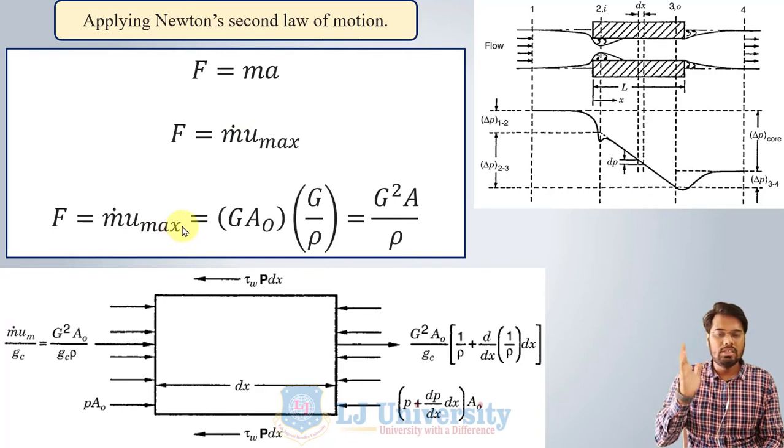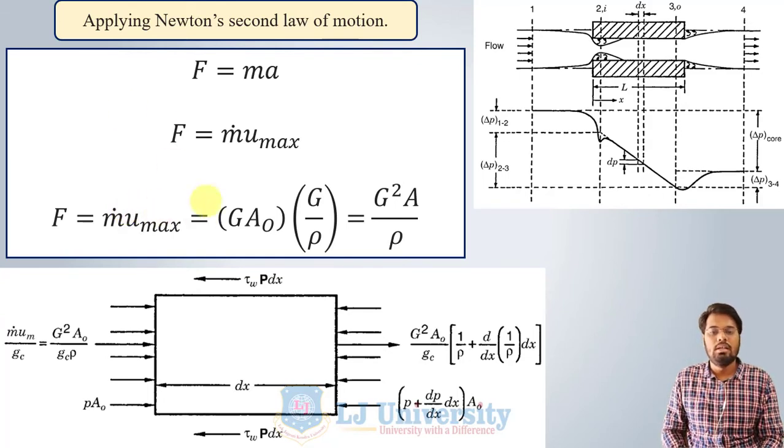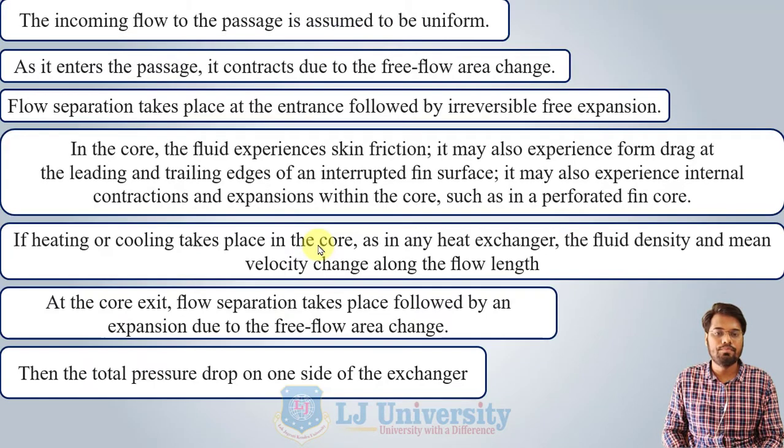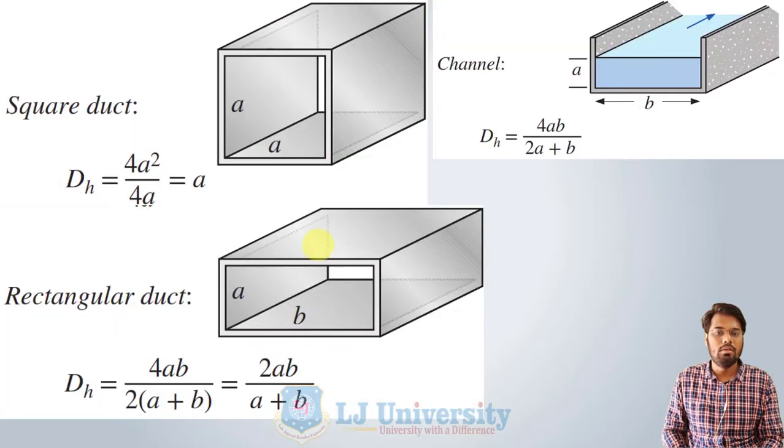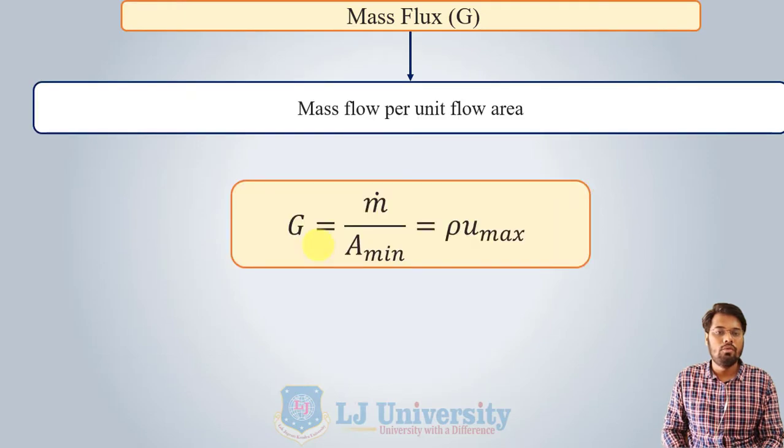From our previous lecture, we have seen in mass flux that instead of m dot we can write G into area, and instead of velocity we can write G by rho. From this, m dot is equal to G into area and u is equal to G by rho.